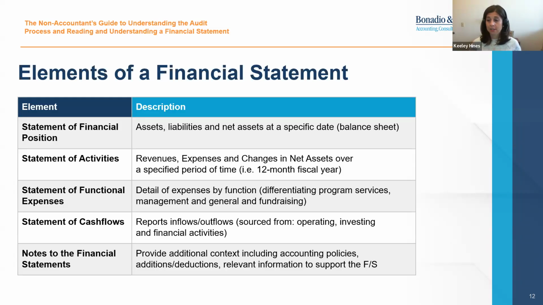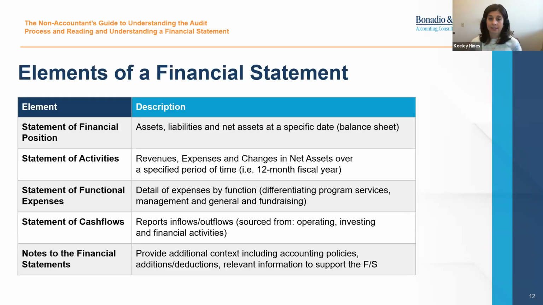Your statement of activities represents revenues, expenses, and the change in net assets over a period of time. For example, the financial statement that we will take a look at will be for a 12-month period ending May 31, 2023.